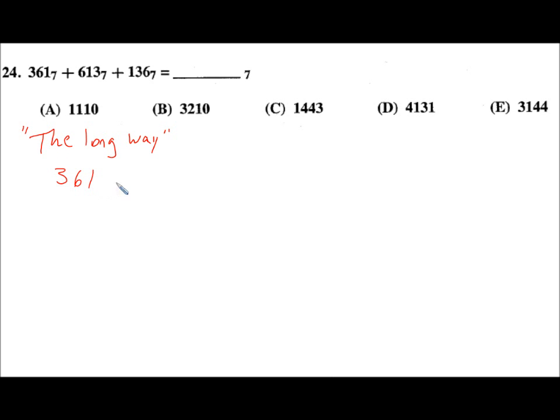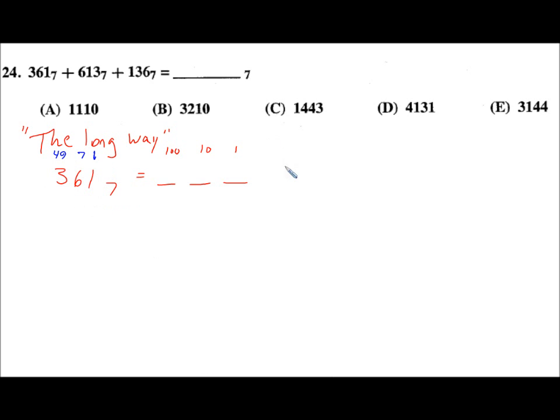361 in base 7, we wish to convert to base 10. We have the ones place, the tens place, the 100ths place. Here, in all these numbers, we're going to have the units place, the 7th place, and the 49th place.